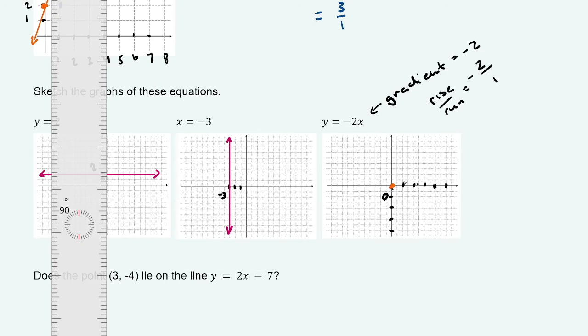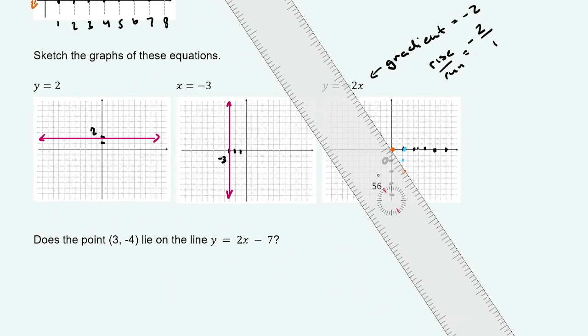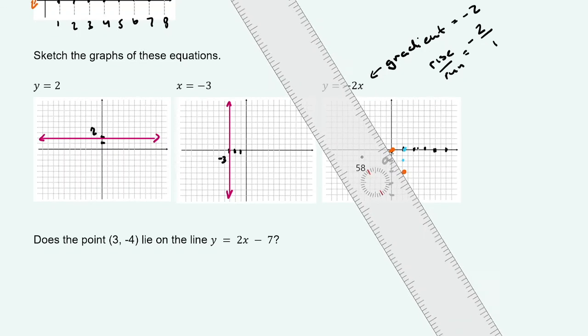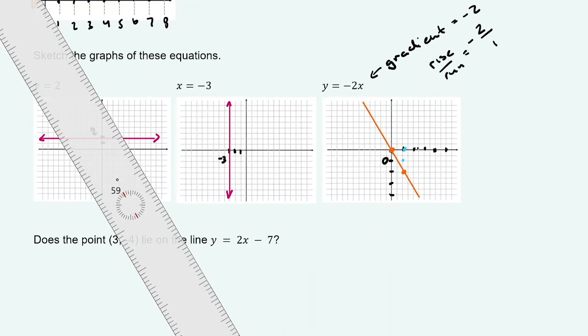So if I come across to here, I go down 1, 2, and there's a point. Now I can keep going until I run out of space, or I can just use those 2 points, which is what I'm going to do. Try and line up your ruler really nicely and draw through the points. Remember always to go through the points. Don't just finish at the points or you won't have a long enough line.